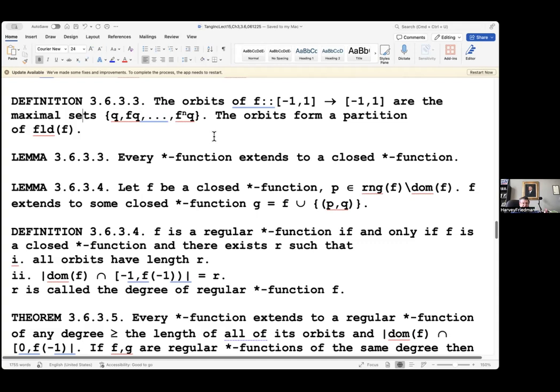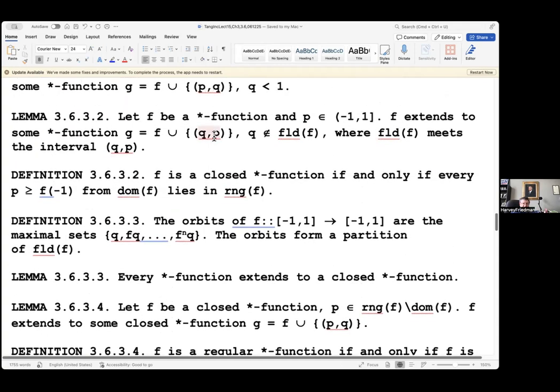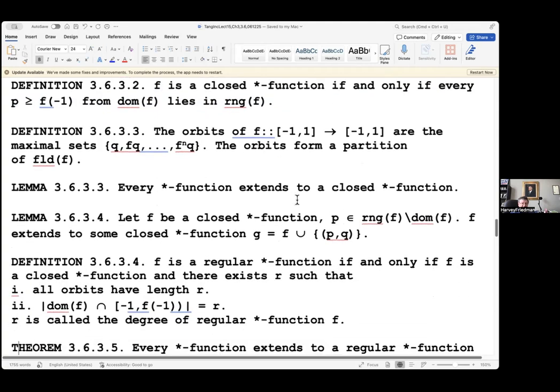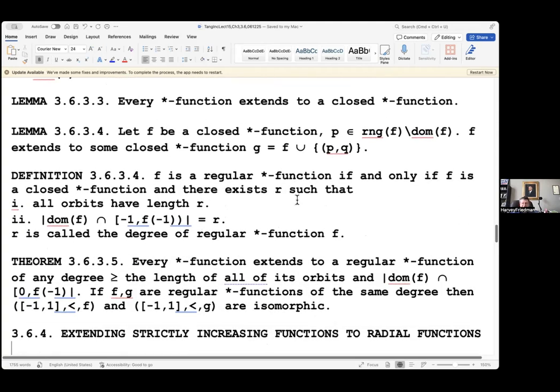Yeah, let's see the definition of closed again. Closed means, no, closed doesn't directly talk about orbits. It just means that everything in the domain lies in the range. Yeah, so you can get this also by these extension arguments. This here: every star function extends to a closed star function.